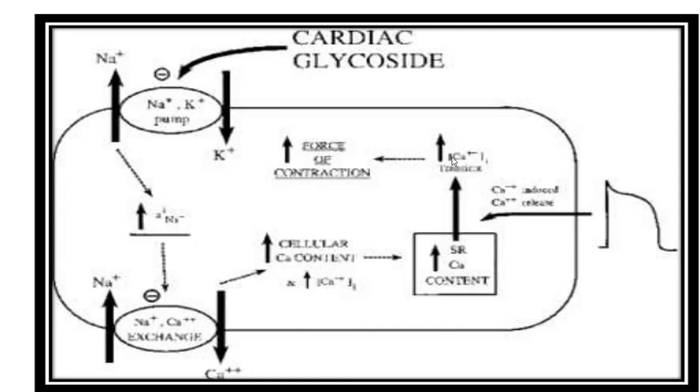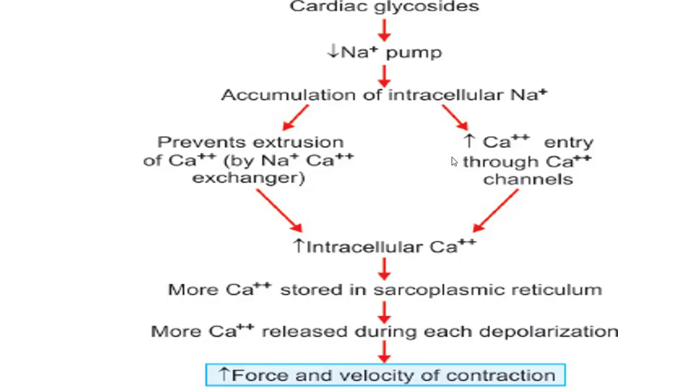This example is quoted because we have practical effects of different drugs over these channels or pumps. One good example is digoxin, which decreases the function of the sodium potassium pump. Ultimately, in the cardiac muscles, the force of contraction is increased.